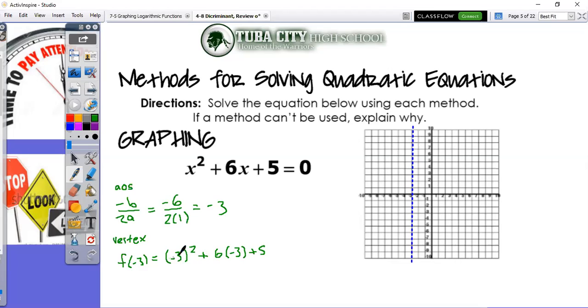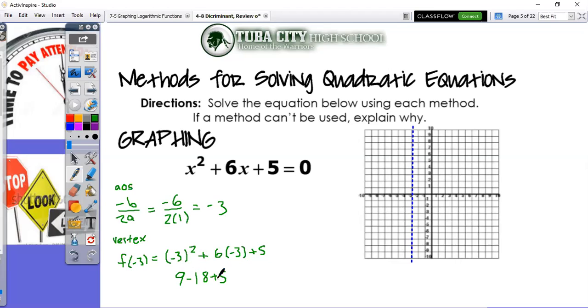So negative 3 times negative 3, that's the definition of negative 3 squared. That would be 9. Negative 3 times positive 6 would be negative 18. And we get a mixture of positive numbers and negative numbers. So I'm going to combine my positive numbers first, because I have 2 of those.